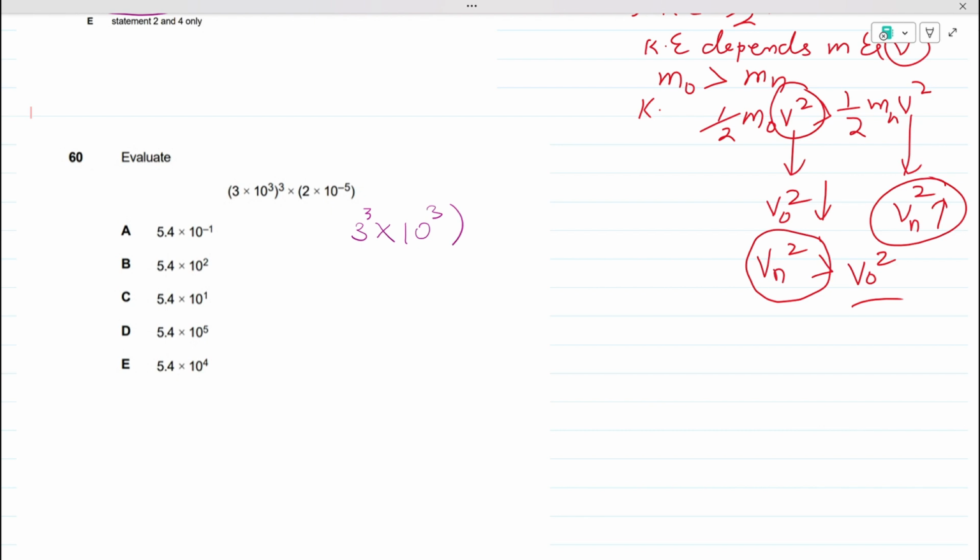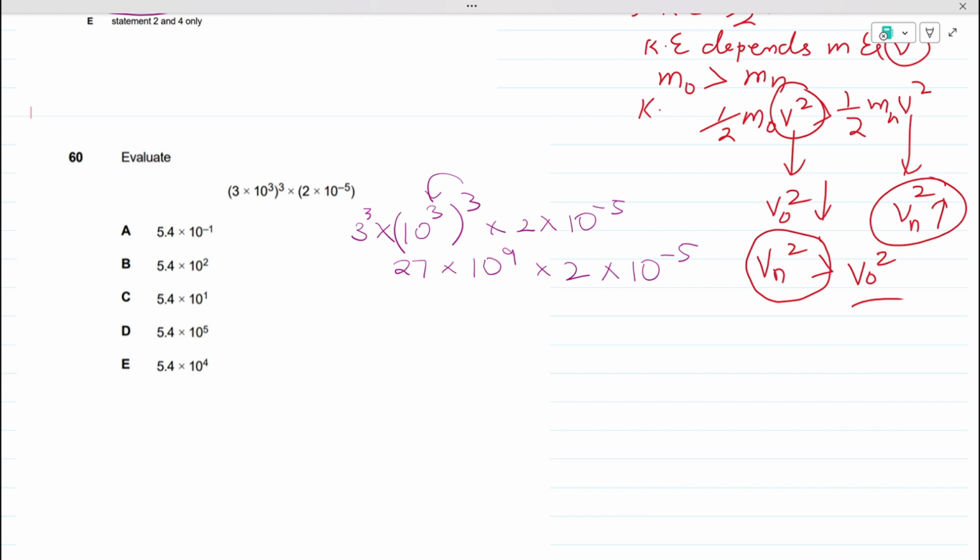On this 3 there has to be a cube, and on this 10 power 3 there has to be a cube as well, multiplied by this value, of course, 2 into 10 to the power minus 5. So the cube of 3 is 3 into 3 is 9, 9 into 3 is 27. And 10 power 3 into 3 is 9, into 2 into 10 to the power minus 5.